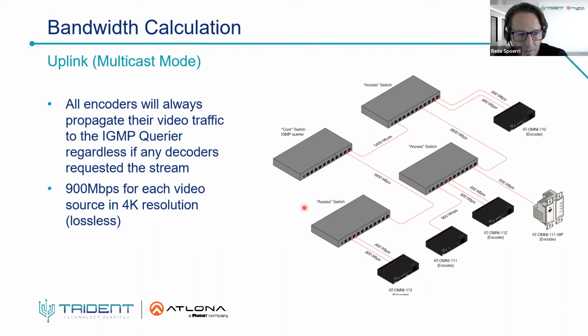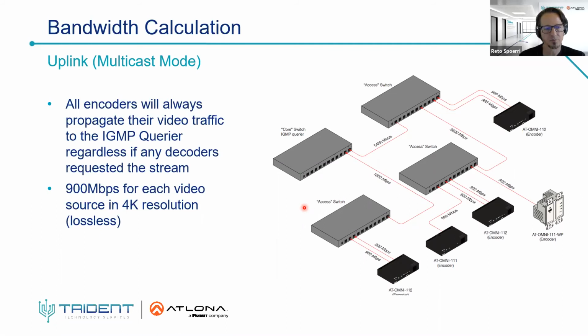As a reference figure, it's 900 megabits per second for a 4K video source in visually lossless quality. Of course, you can play a little with lower bit rates, but it's not recommended. Reduced bandwidth is not necessary if the network is properly designed and calculated.